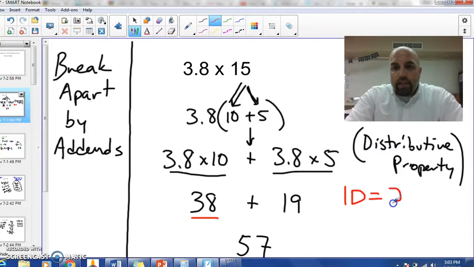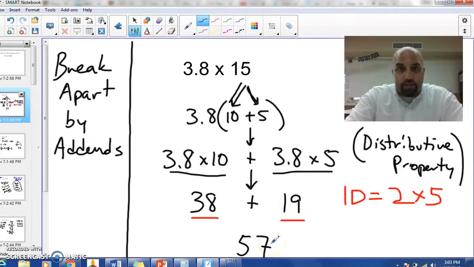And another way to say that is that 5 is half of 10. So if 3 and 8/10 times 10 is 38, 3 and 8/10 times 5 is going to be half of 38. Half of 38 is 19. Then all I have to do is add them together. Once again, we're going to see that addition sign. And 38 plus 19, when we add them together, is 57, which is the answer that you hopefully got.